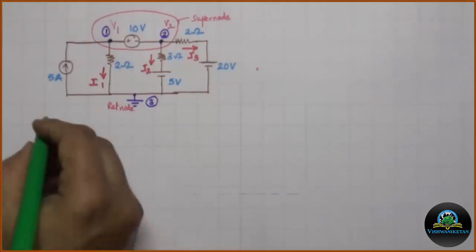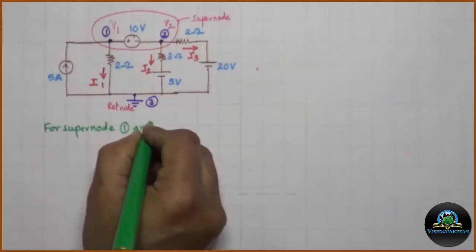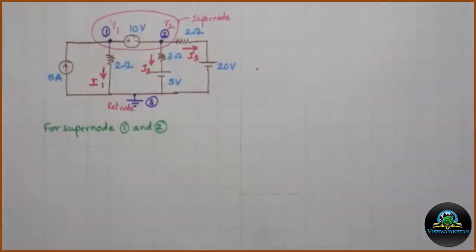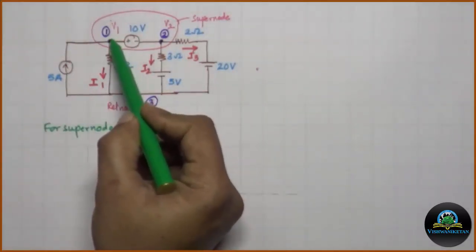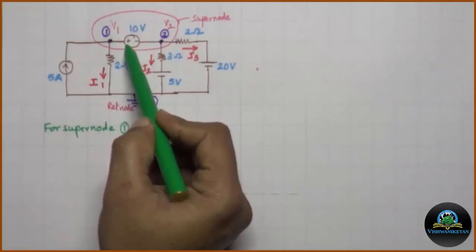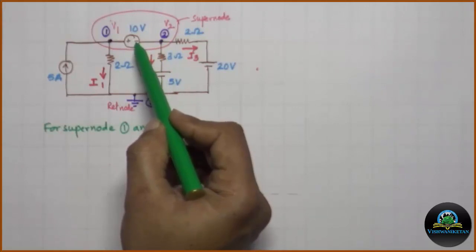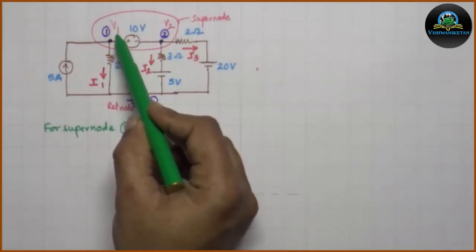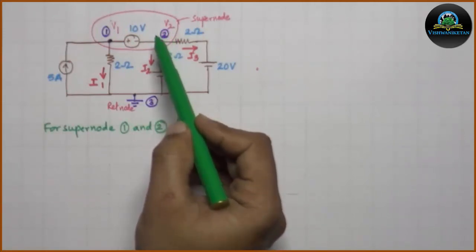For supernode 1 and 2, as the end of V1 is connected to positive terminal of 10 volt and end of V2 is connected to negative terminal of 10 volt, hence, the V1 will be at higher potential and V2 will be at lower potential.